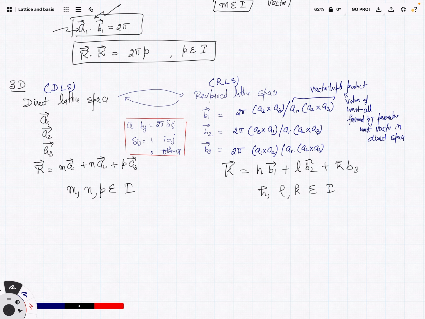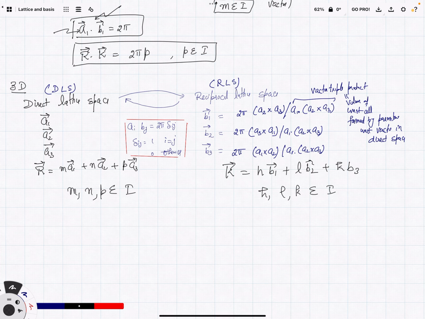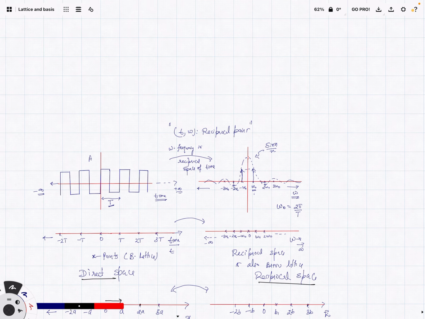So the idea behind constructing a reciprocal lattice is constructing the so-called x-axis.